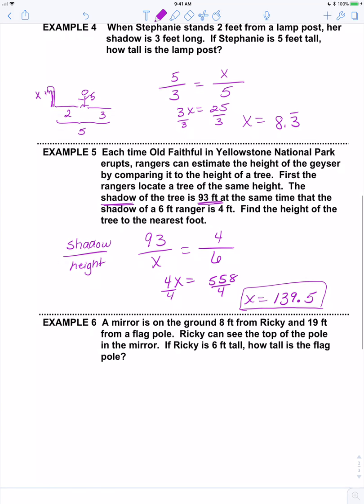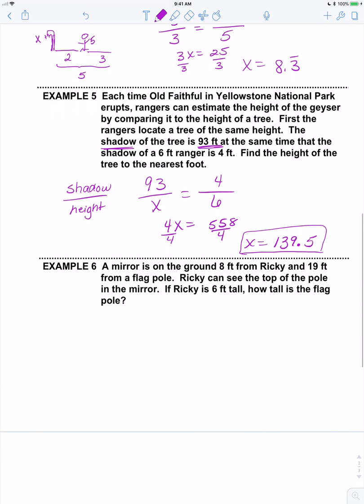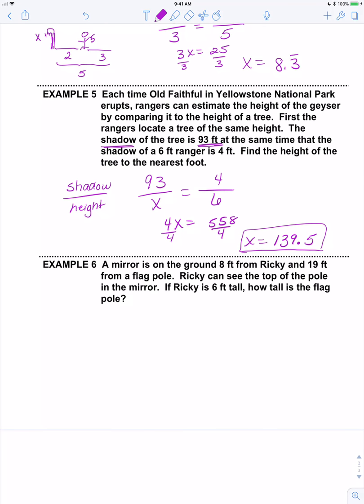Okay, so we have another example here. I often will at least start off writing this over here so that I don't get them mixed up in how I'm setting it up. Sometimes that's very helpful so you don't get your numbers mixed up, because if you get the numbers mixed up on one, then that does give you the wrong answer. So, a mirror is on the ground. So here's my little mirror.